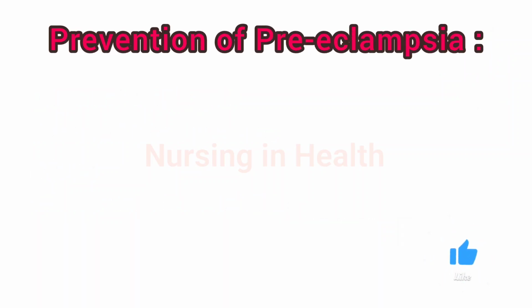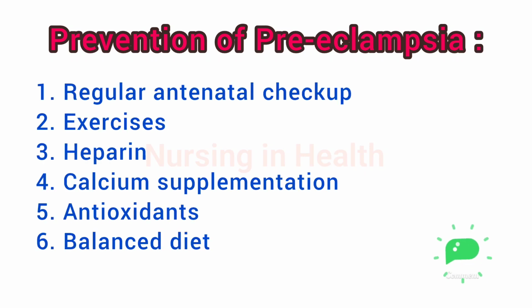How can we prevent risk factors of preeclampsia? Regular antenatal checkup for early detection of rapid weight gain and increased blood pressure. Exercise, stretching, physical activity and yoga. Use heparin in case of high risk pregnancy.